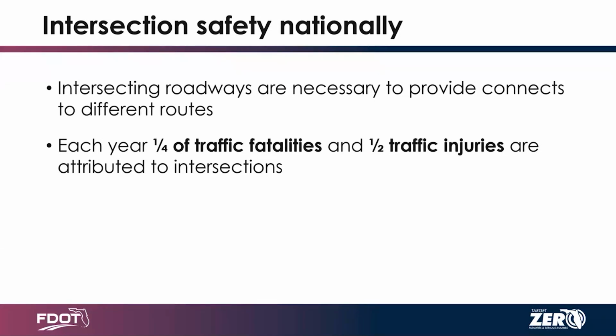Without intersections, we would only be traveling in a straight line, and we wouldn't really be able to get anywhere. And so, with the complex nature of conflicting movements at intersections, each year a quarter of the traffic fatalities and half of traffic injuries are attributed to intersections, and that's nationwide.